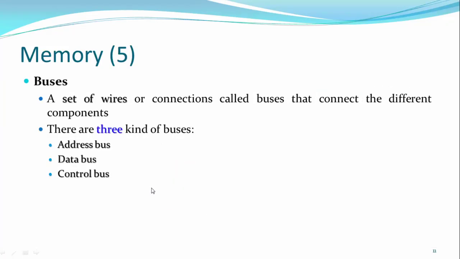Okay. Now you can see the buses, another concept that we also need to learn. We saw how data is represented in memory as a unit, word and byte. Then we saw how the circuits in a memory work, like RAM and ROM. And then you have to know how this memory is communicating with the other two major components of the computer system.